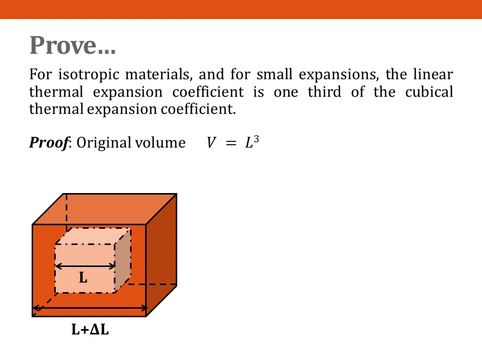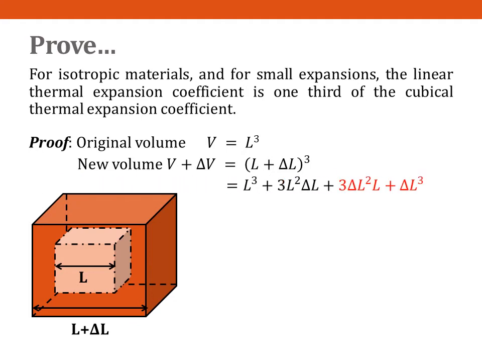Let us prove this mathematically. The original volume V is equal to L cube. The new volume is V plus delta V, as told, is L plus delta L the whole cube. Expanding, we have L cube plus 3L square delta L plus 3 delta L square L plus delta L cube.